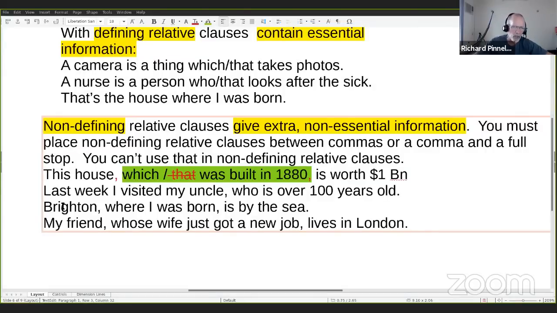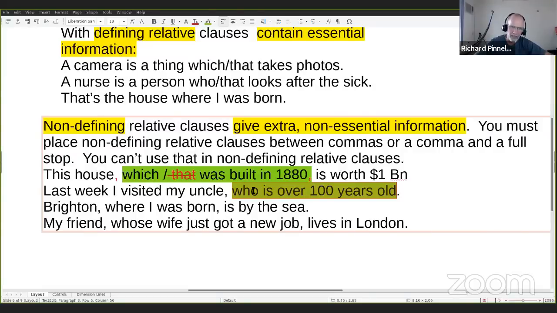Here's another example. Last week, I visited my uncle, who is over 100 years old. Here, the essential information is that last week I visited my uncle. This is additional extra information. It's not essential. I can just tell you last week I visited my uncle. The other information is additional.